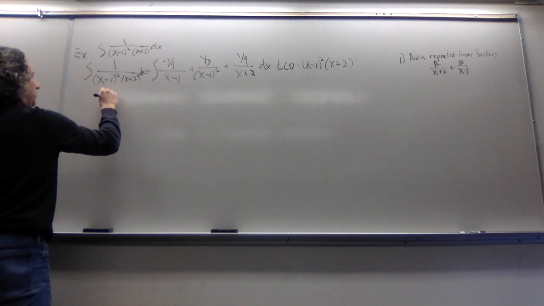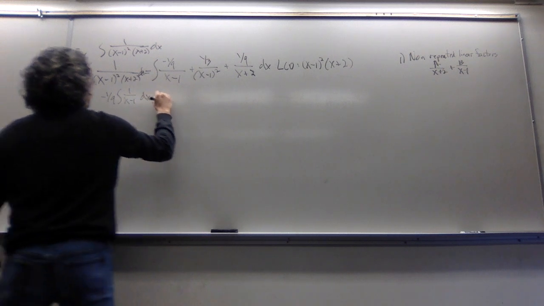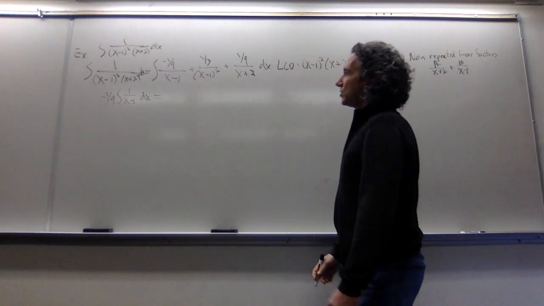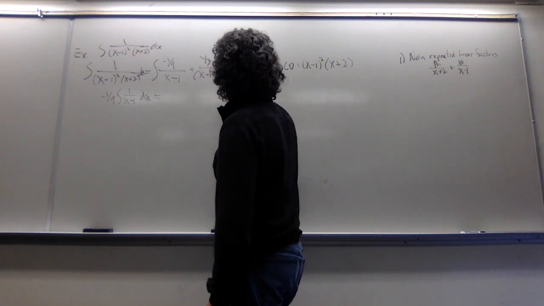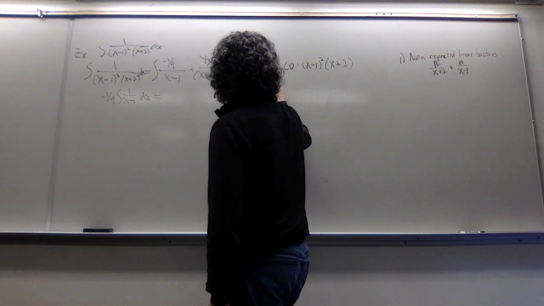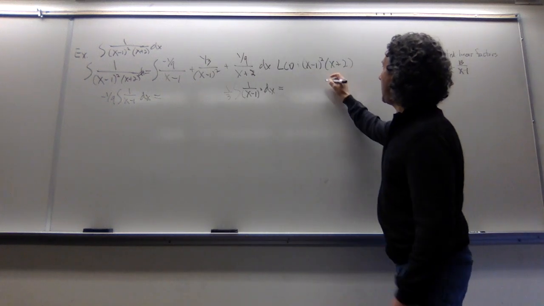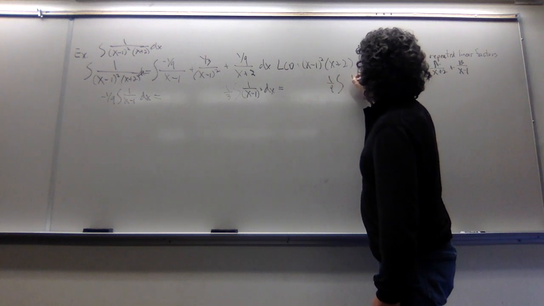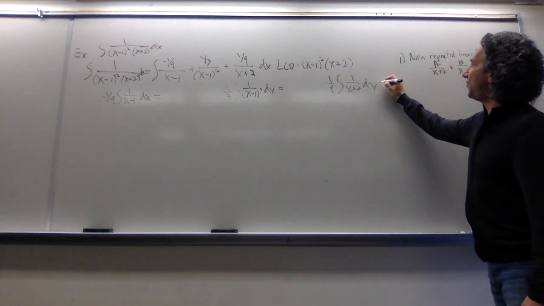So for the first one, let me pull out the minus 1/9. So that's one integral that I'm going to want to look at. Let me pull out the 1/3 from this guy. Another integral I want to study. And then finally, let's take a look at this third guy. And that's the third integral.